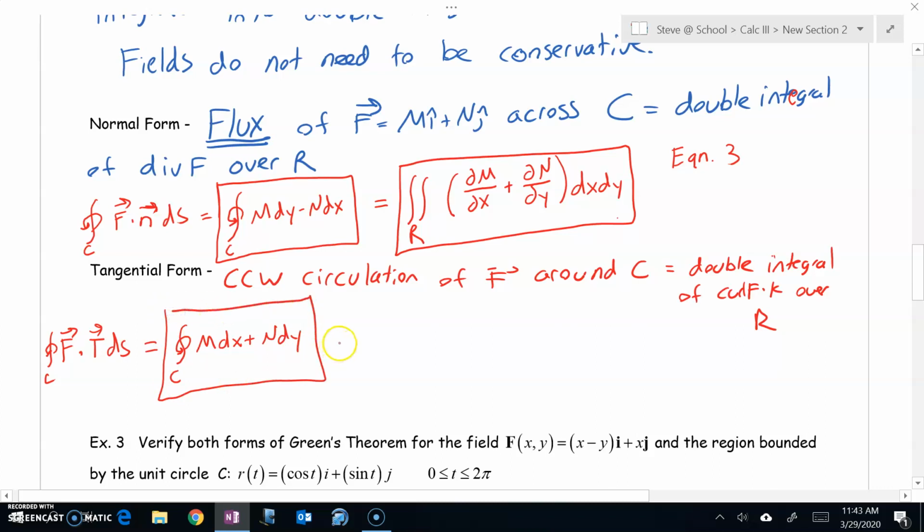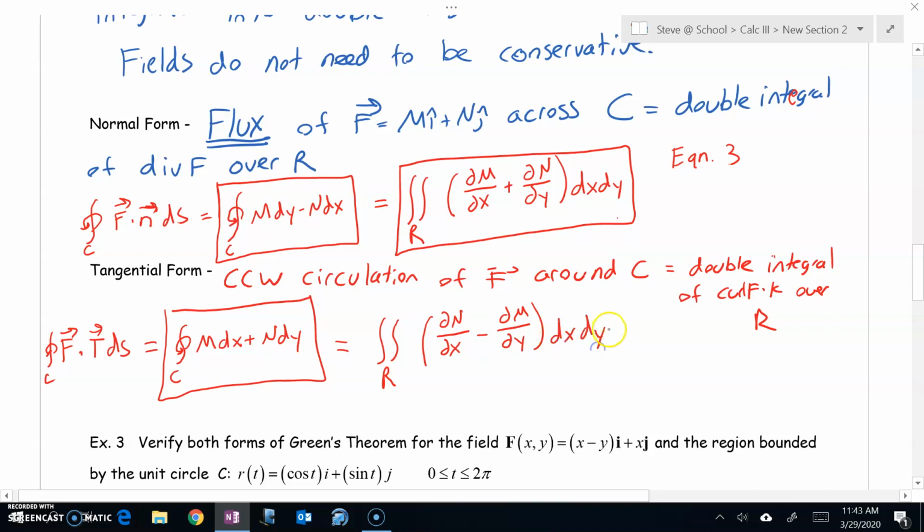If you see that, you can turn that into a double integral over the region bounded by the curve, and then it's the k component of curl, and we figure that out as the partial of the j component with respect to x minus the partial of the i component with respect to y, dx dy.